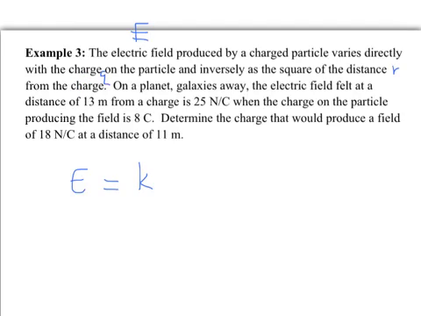If it's directly, next to the K or in the numerator, right? Varies directly with the charge. So far, so good. Varies directly, put it in the numerator. Varies inversely, put it in the denominator. So what goes in the denominator? Not just R, R squared. And that's our equation.